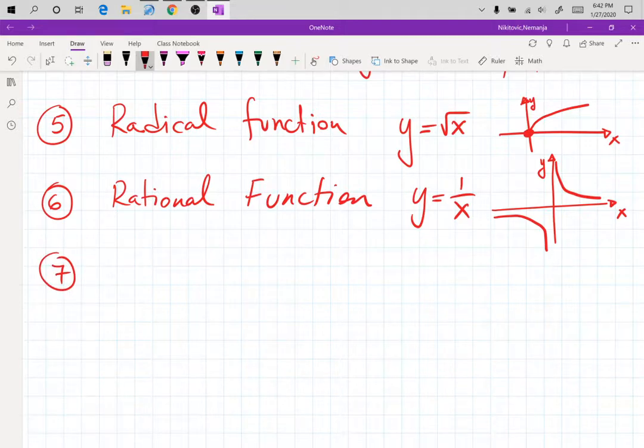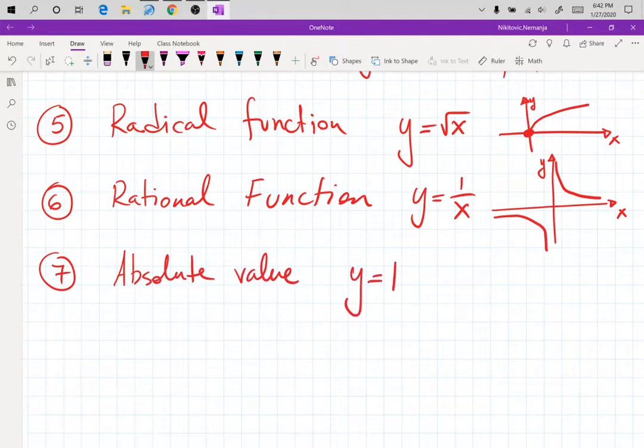The last one is absolute value, y equals absolute value of x. Now, absolute value can be applied to anything, but we're just using it now in the first course on x. In calculus, you will find absolute value applying to any other function.